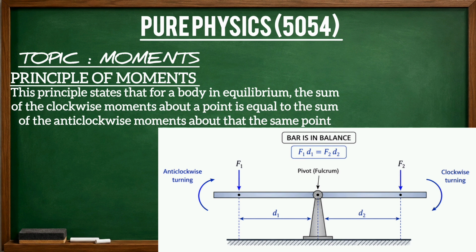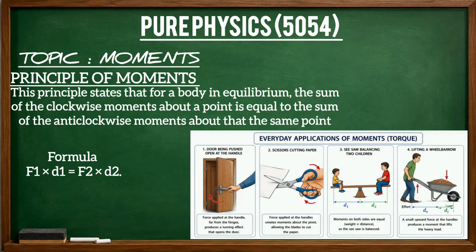So this gives us the relationship: total anti-clockwise moment equals total clockwise moment, or written for two single forces, moment 1 equals moment 2, which expands to F1 times D1 equals F2 times D2.